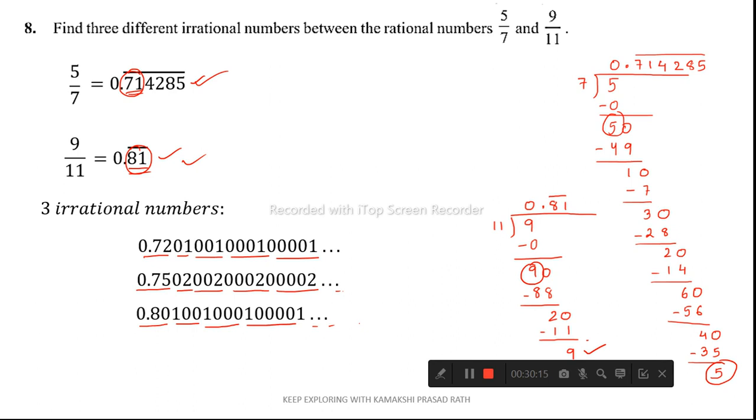We just have to keep on writing. The important part is finding this range. Within these two numbers, we focus on 0.71 and 0.81, and in between we have 0.72, 0.73 up to 0.80. Anything with these numbers as the starting part, after that we can use the non-repeating, non-terminating pattern.